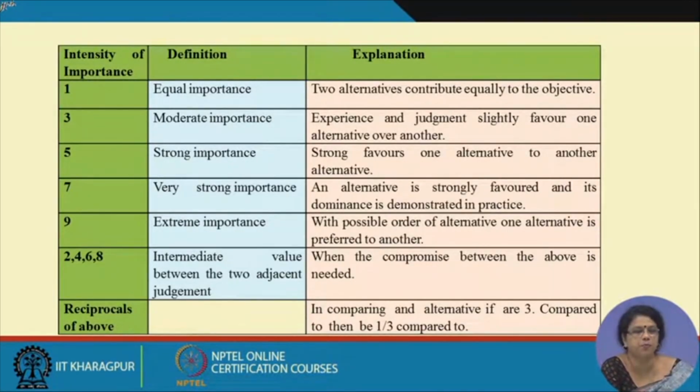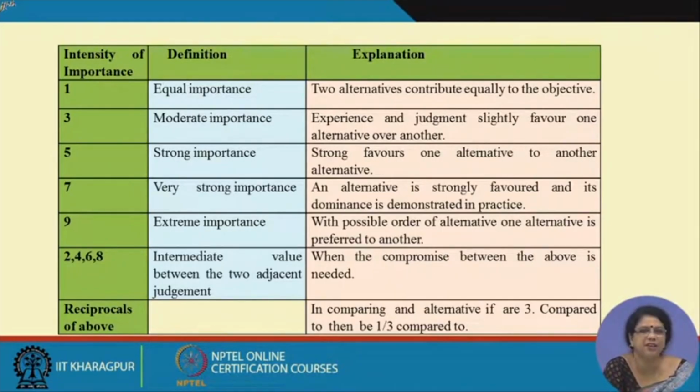If with respect to cost of labor you feel both the locations are equally important to you, then you will give 1. Okay? Because you will prepare one matrix with respect to A and C, A and B, B and C, B and A. With that, you prepare one matrix with respect to one of the criteria, cost of labor, and then the price of the property, that is another criterion.